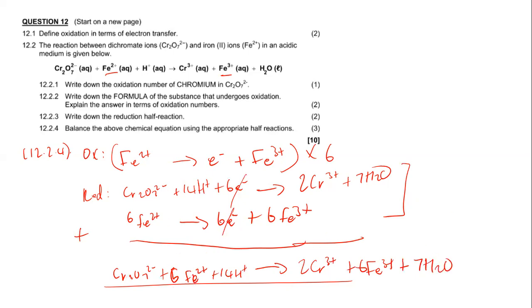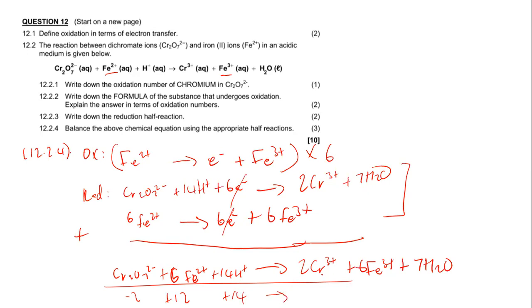We have 2Cr, 2Cr. We have 7 oxygens, 7 oxygens. We have 6 Fe's, 6 Fe's. We have 14 hydrogens, we have 14 hydrogens. Let us check the charges are balanced. Here we have -2, which is this, and then 6 multiplied by 2, it's going to be positive 12, and then 14 multiplied by positive 1 is going to be positive 14.